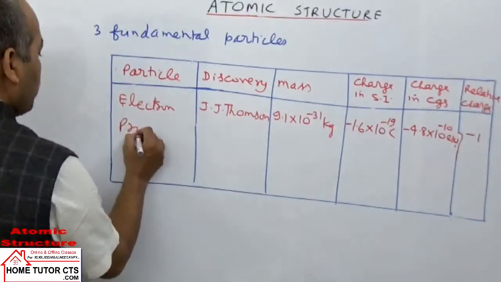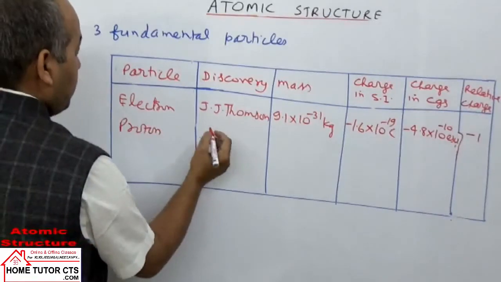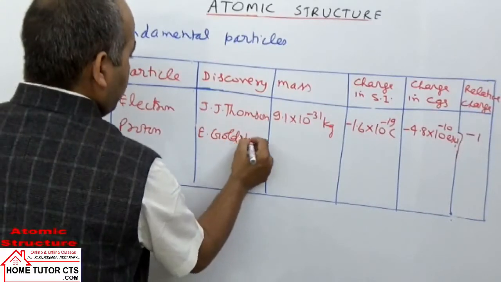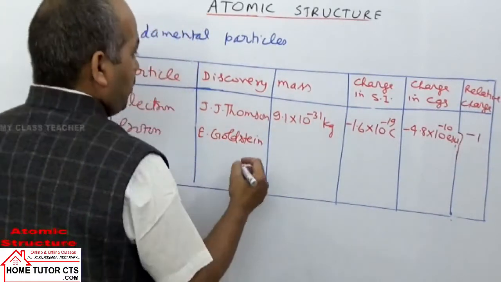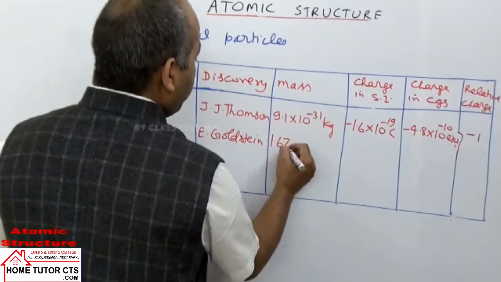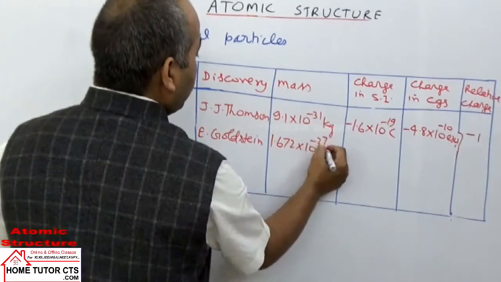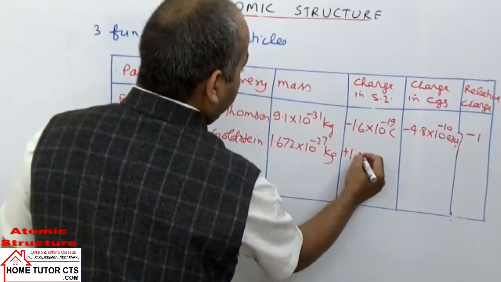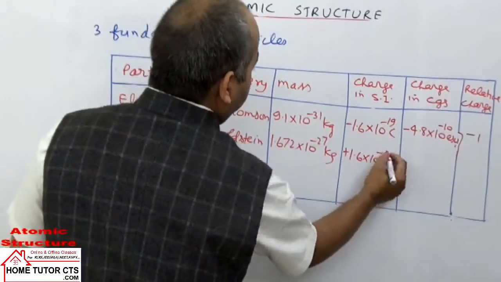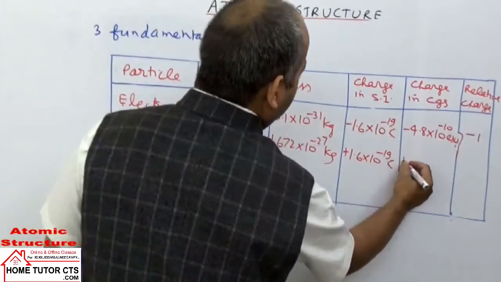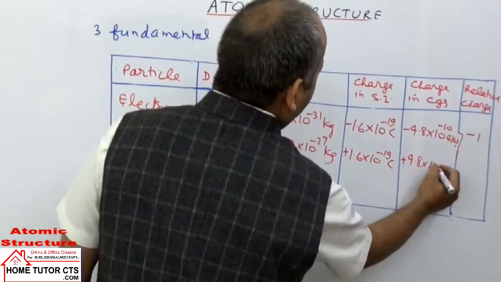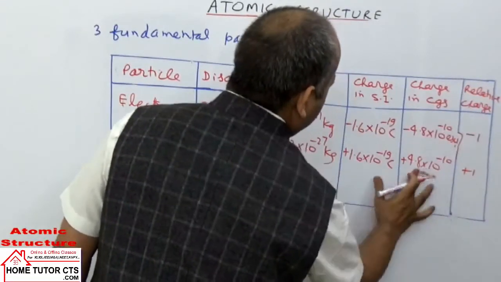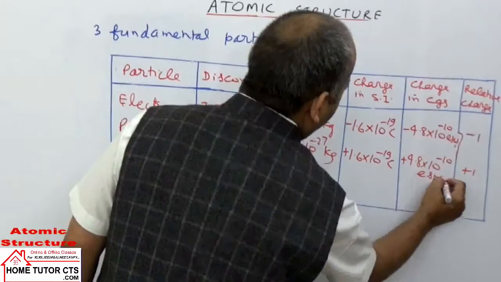Then you take proton. Discovery by E. Goldstein. Mass of proton is taken as 1.672 × 10^-27 kg. Charge is the same in magnitude, sign opposite: 1.6 × 10^-19 coulombs. It is positive, plus 4.8 × 10^-10 ESU, electrostatic unit.